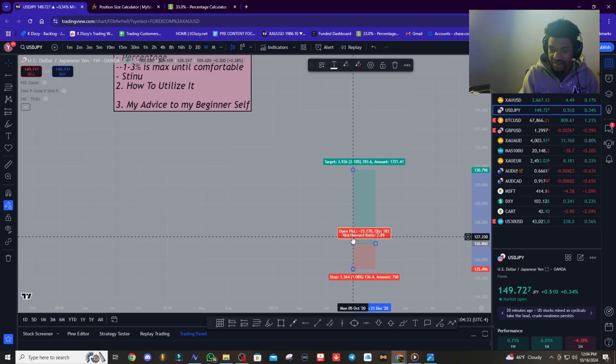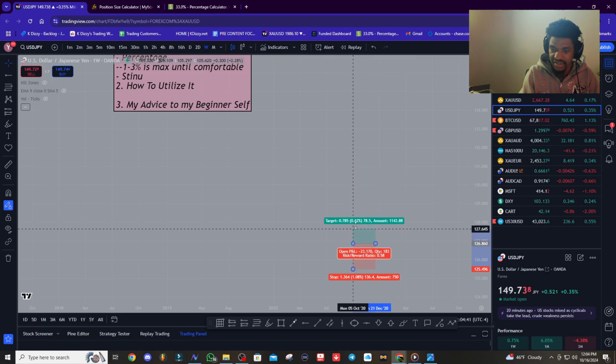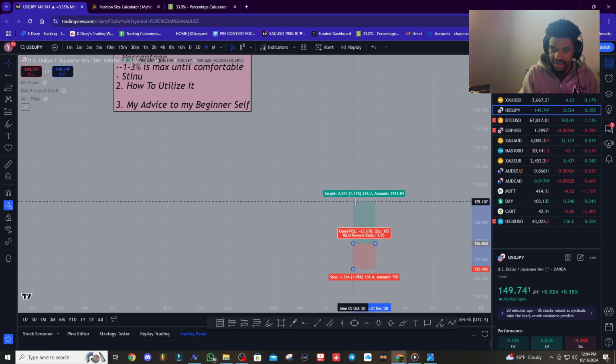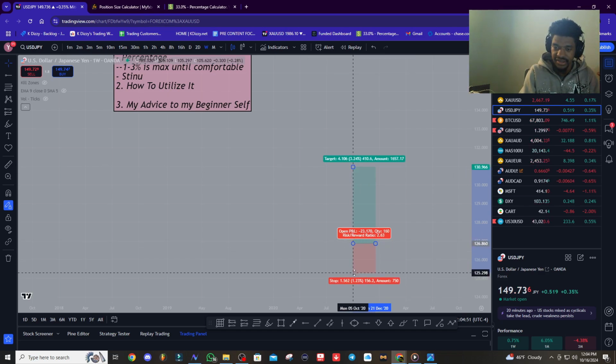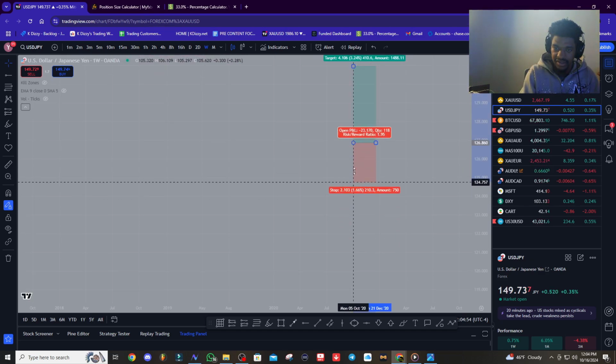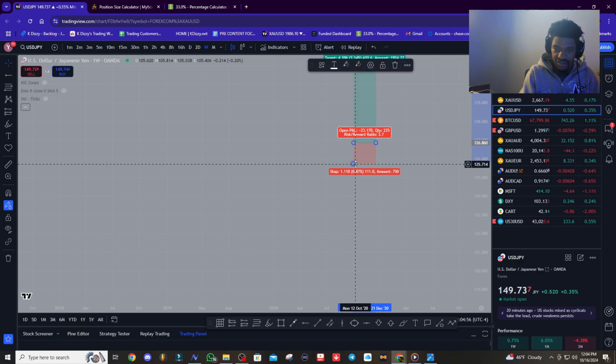As you can see, risk/reward ratio 2.89, and if you see here, it changes every time I increase and decrease the profit side of things, and then also this side of things as well. And this is when I'm losing the trade or things like that.